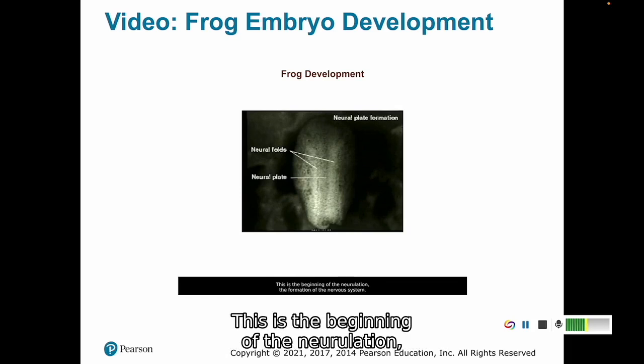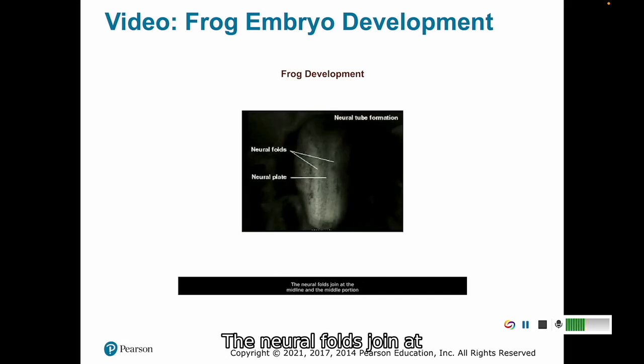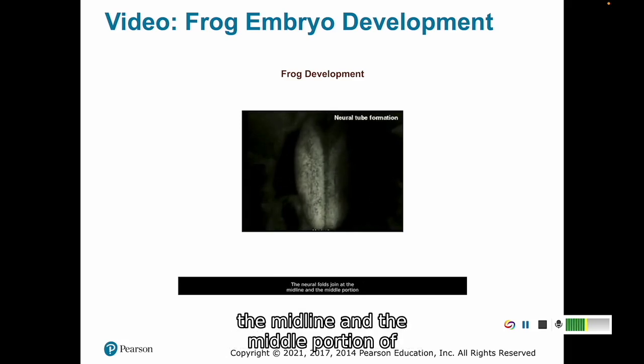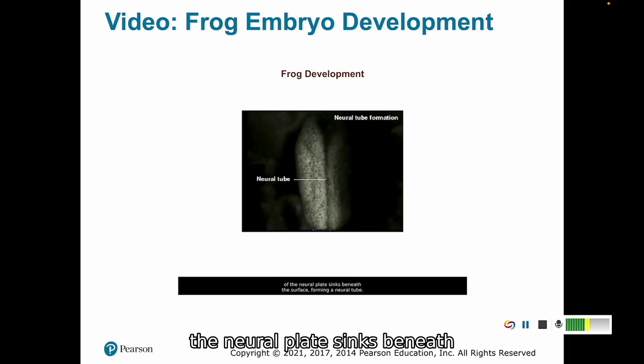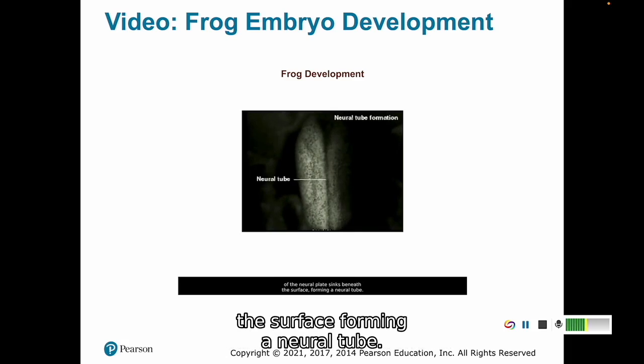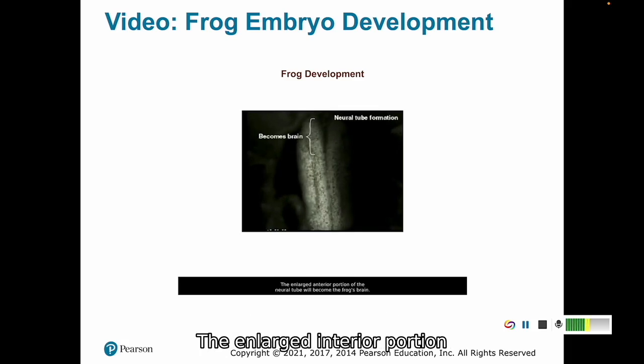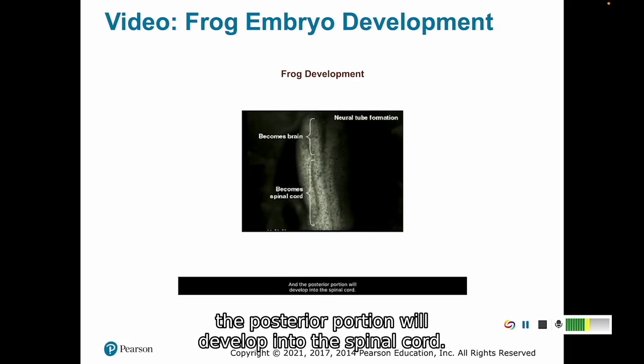This is the beginning of neurulation, the formation of the nervous system. The neural folds join at the midline, and the middle portion of the neural plate sinks beneath the surface, forming a neural tube. The enlarged anterior portion of the neural tube will become the frog's brain, and the posterior portion will develop into the spinal cord.